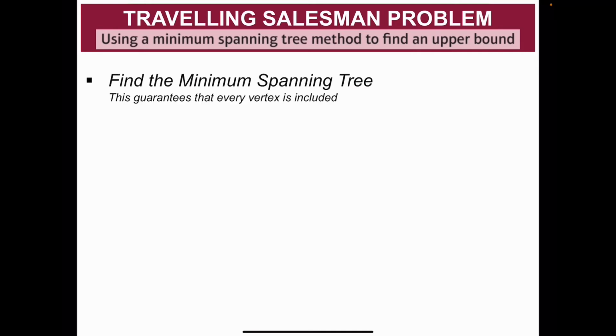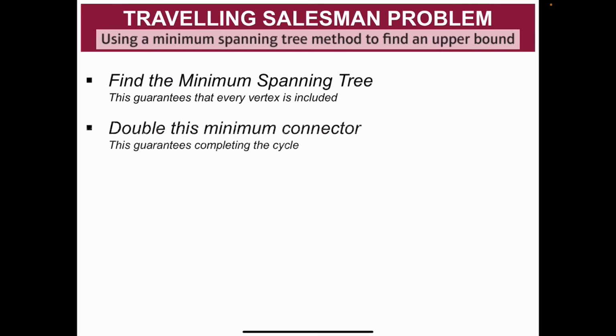The algorithm for this part is very quick because you just need to go back to Kruskal or Prim's algorithm to find out the minimum spanning tree, because this will guarantee that every vertex is included. The second step is you will double the weight of the minimum connector, because this will guarantee that you will complete the cycle, that you start and finish at the same point.